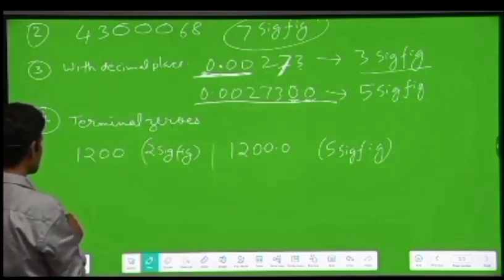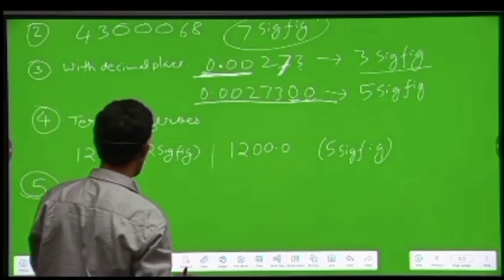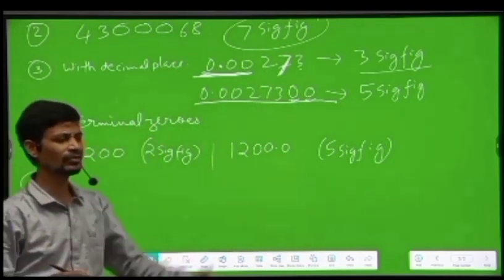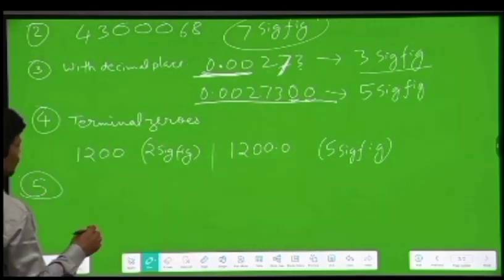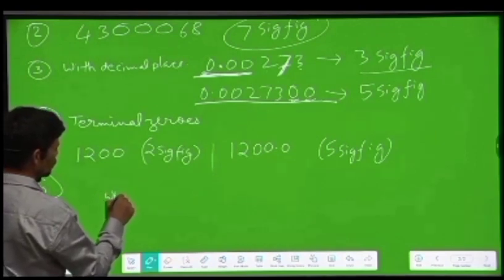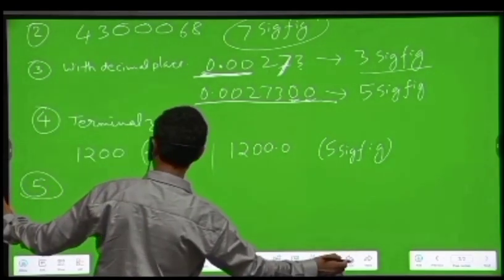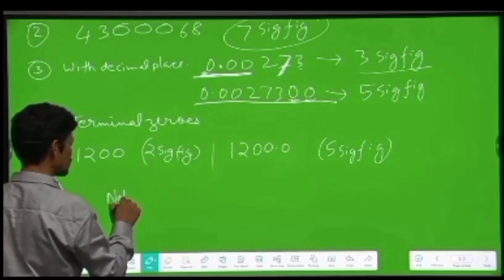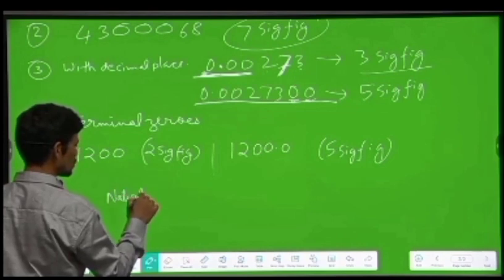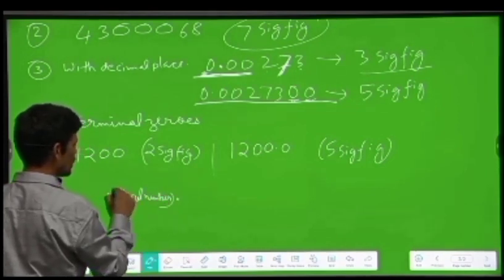Now, there's another thing. It is called scientific notation, or order of magnitude. Actually, order of magnitude is slightly different from scientific notation. In scientific notation, we put a whole number, oh sorry, not a whole number, a natural number, before the decimal place.